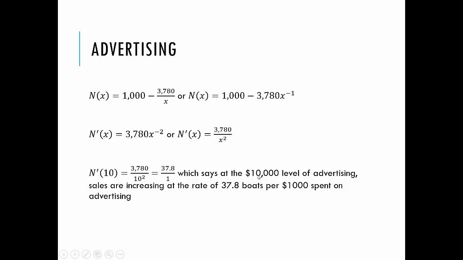So this says at the 10,000 level of advertising, that came from that 10 plugging in, sales are increasing. Why are they increasing? Because my rate is positive at the rate of about 38 boats per 1,000, because that's 1,000 spent on advertising.